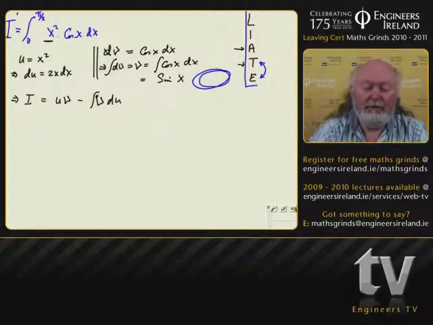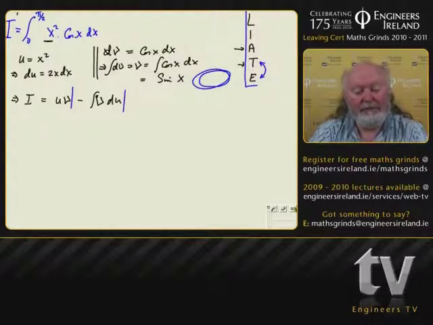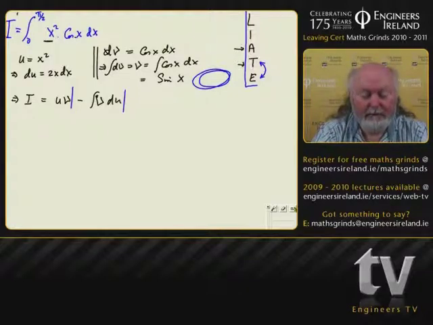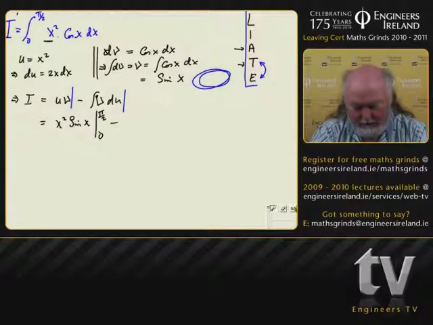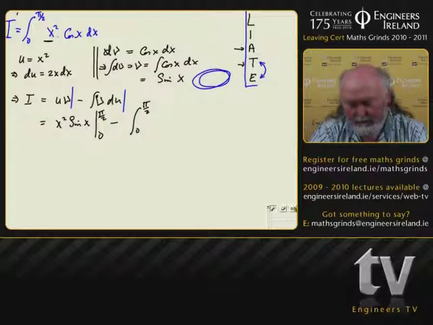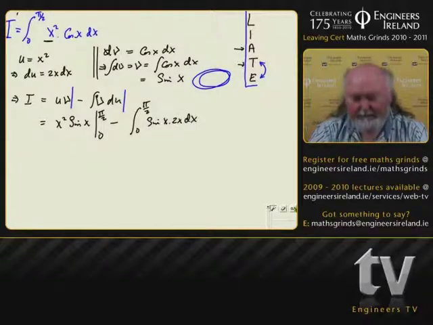And this time you do know that we do have our limits. So we can say it's equal to x squared sine x going from 0 to pi over 2 minus the integral from 0 to pi over 2 of sine x by 2x dx.